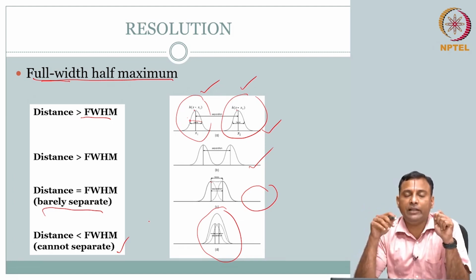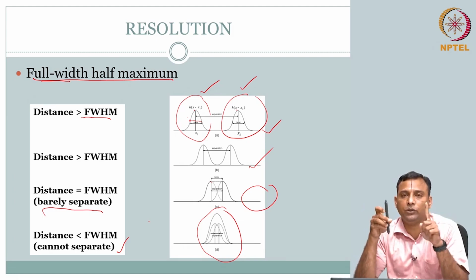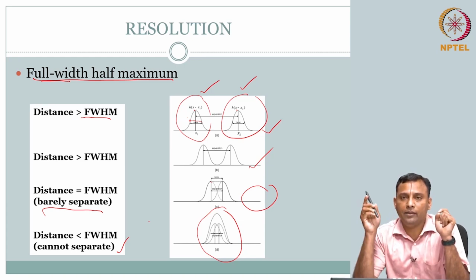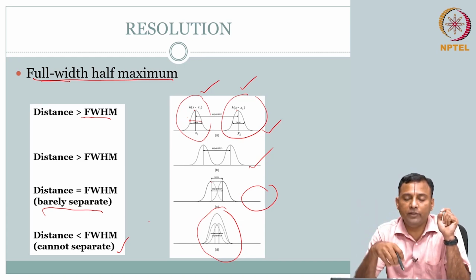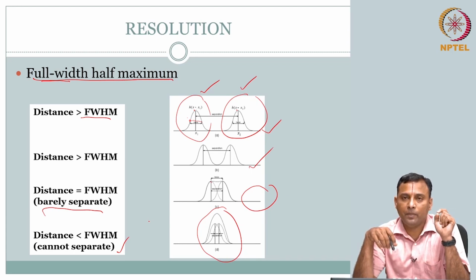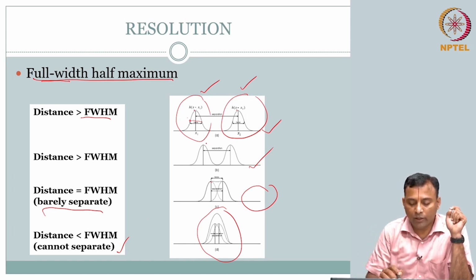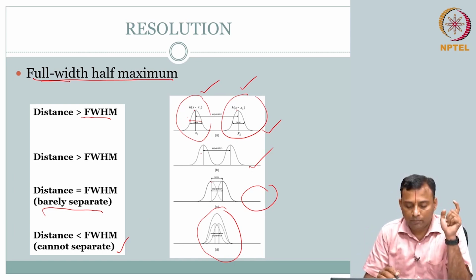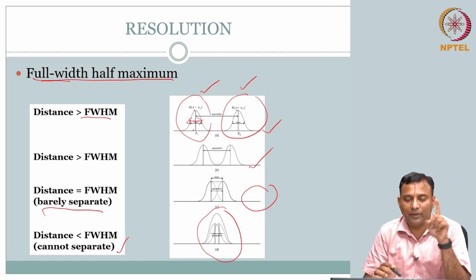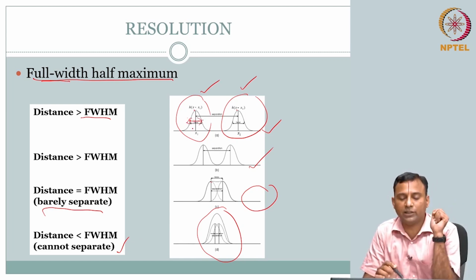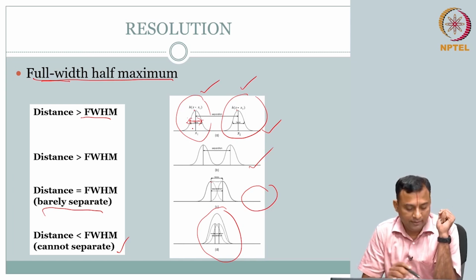I mean, very strictly speaking, resolution requires two objects to come together. But by using this full width at half maximum, going forward, I can actually have only one object, present that one object to the system, measure the full width at half maximum and say that is my resolution.